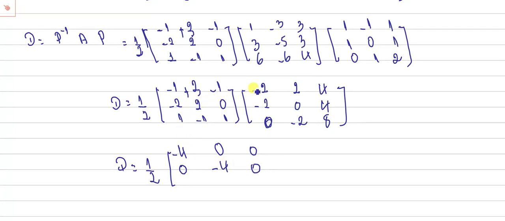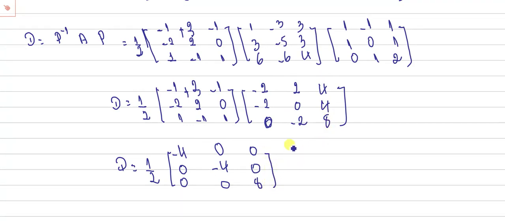So this one minus 2 and 2 is 0. And this one is 1, 2 minus 2 is 0. And this one is 4 minus 4 and plus 8 is 8.